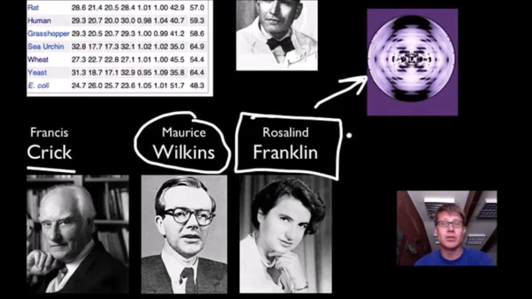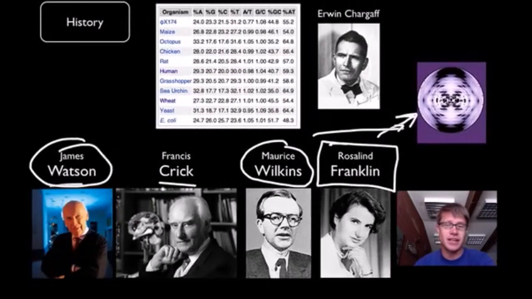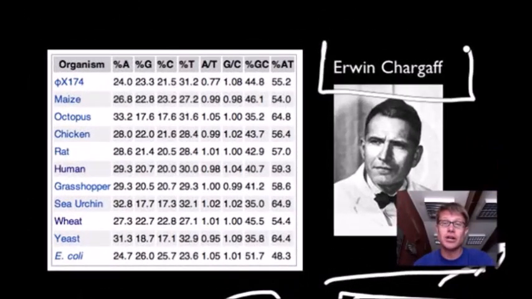If you know anything about crystallography, you know that this is a helix, or it suggests the structure of a helix. Actually, James Watson sat in on one of Rosalind Franklin's secret meetings and took notes on it, and it actually helped them to figure out the structure. Next, we've got Erwin Chargaff. Erwin Chargaff was looking at different organisms and studying the amount of A's, T's, C's, and G's.